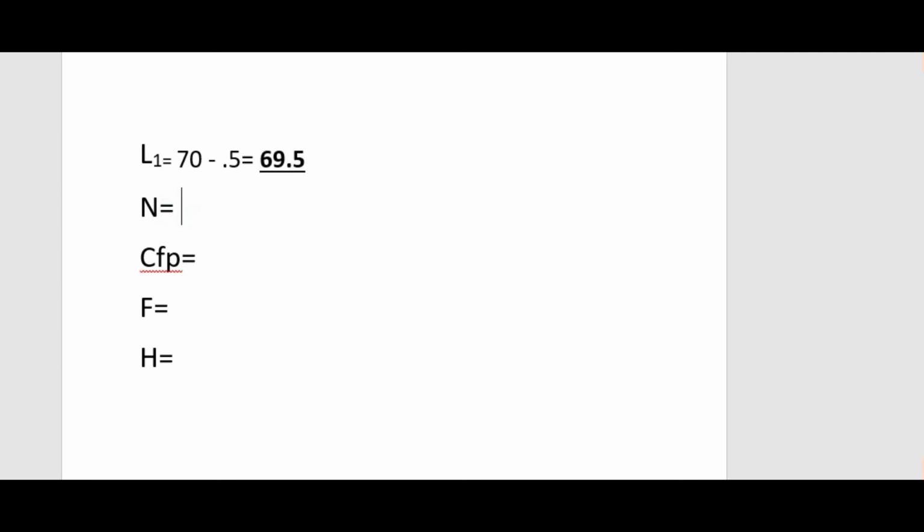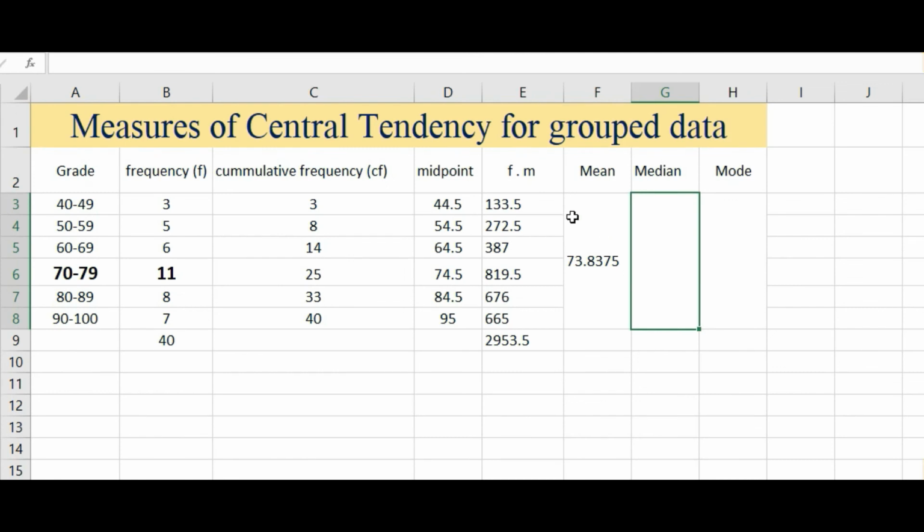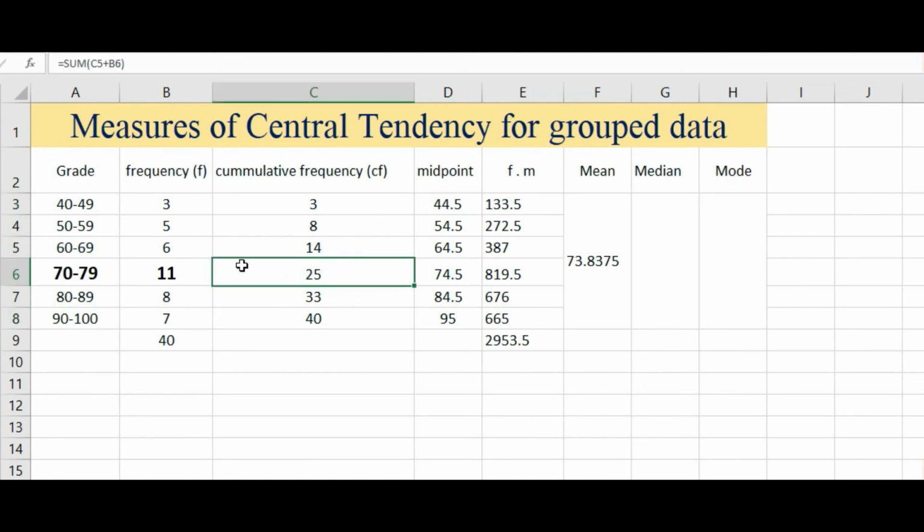So our lower limit is 69.5. Next is the total frequency. Our total frequency is 40. And our cumulative frequency precedent, as you can see in our example data set, our modal class is 70 to 79.